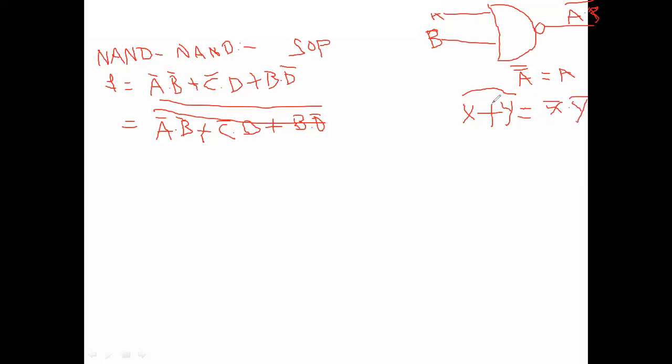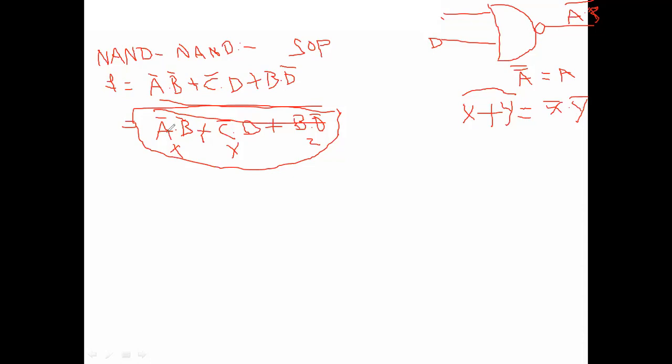Here we first apply only one complement. Taking x plus y plus z whole bar, that is equal to x bar dot y bar dot z bar. This De Morgan's theorem applies for any number of variables.